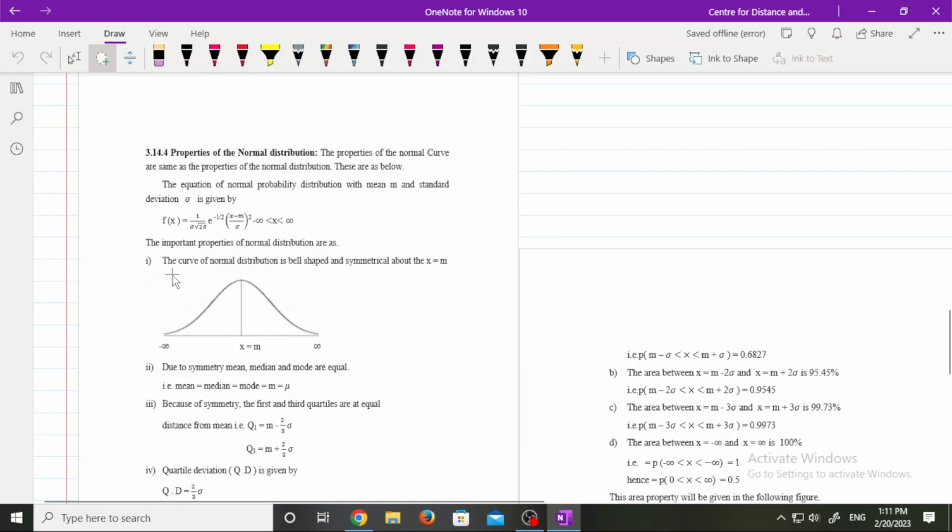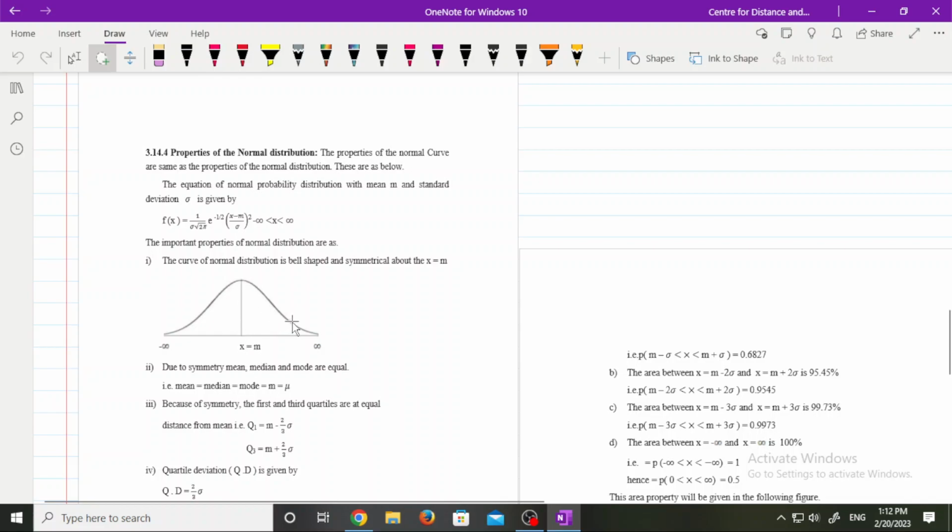Then the first important property of the normal distribution is that the curve is bell shaped and symmetrical about x is equal to m. This is our bell shaped curve. This is the center and also the mean, that is m, which is x is equal to m.